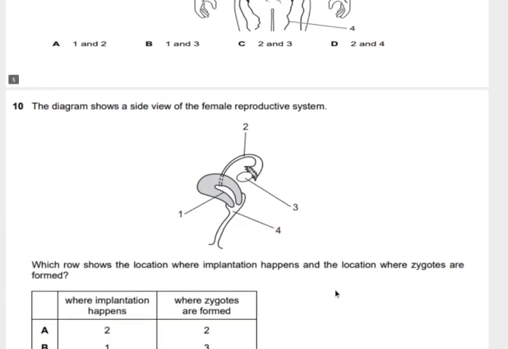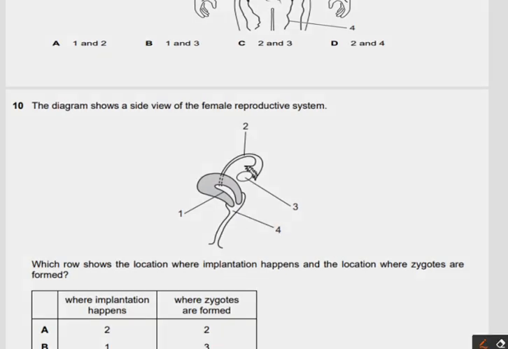And let's see the last question for the multiple choice. Alright, so it is saying the diagram shows a side view of the female reproductive system. So we have part A, which is called the fallopian tube, where fertilization occurs. And then we have the ovary. Let me just write it nicely.